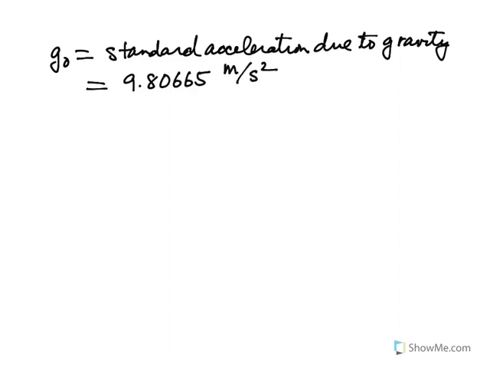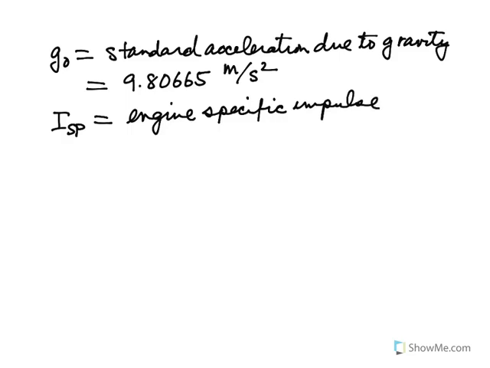That's not an approximation, that's an exact value. And Isp is what's called the engine specific impulse. And it's measured in time units. In this case, it would be measured in seconds.